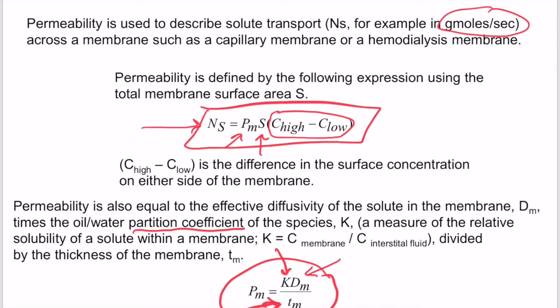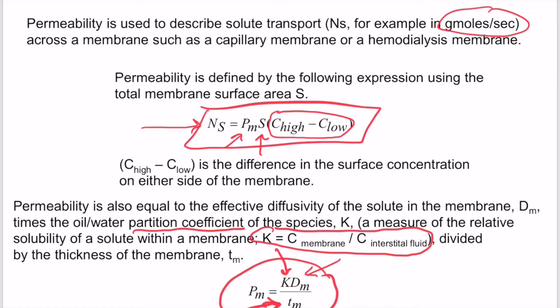I know we had some questions on the CIQ about partition coefficient. What is that? So it is for a particular species and a particular membrane. It is the concentration in the membrane divided by the concentration in the fluid.